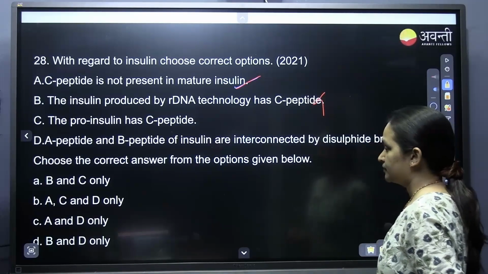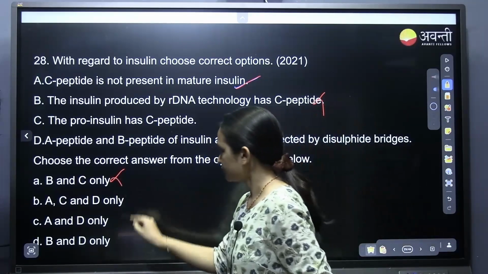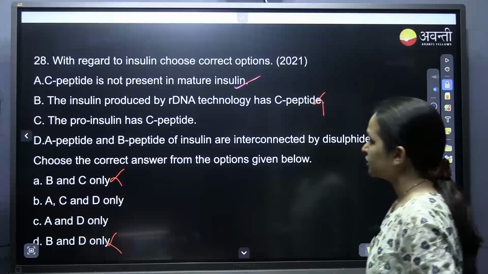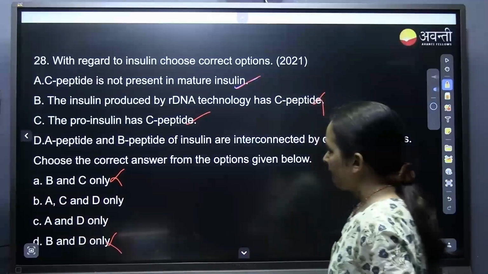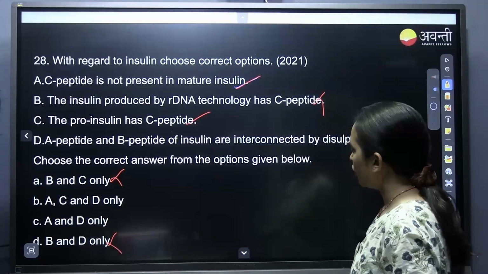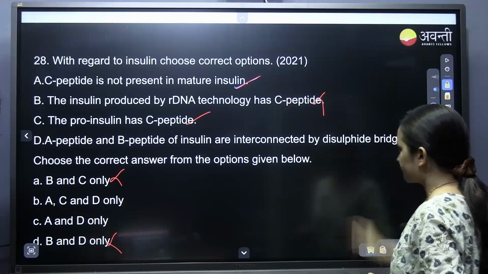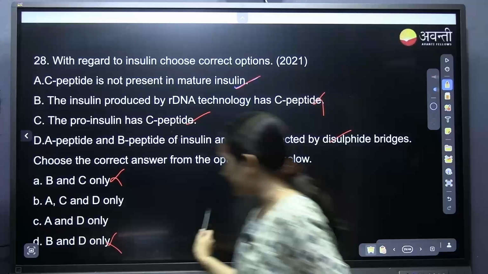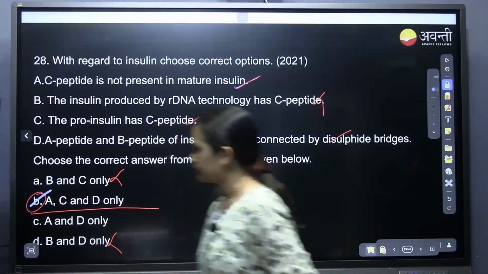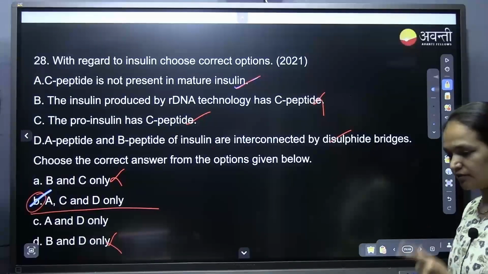No. The proinsulin has C peptide. This is true. A peptide and B peptide of insulin are interconnected by disulfide bridges. This is also true. A, C, D are true. B is the correct answer. Understanding? Yes. Very good, Kiran.